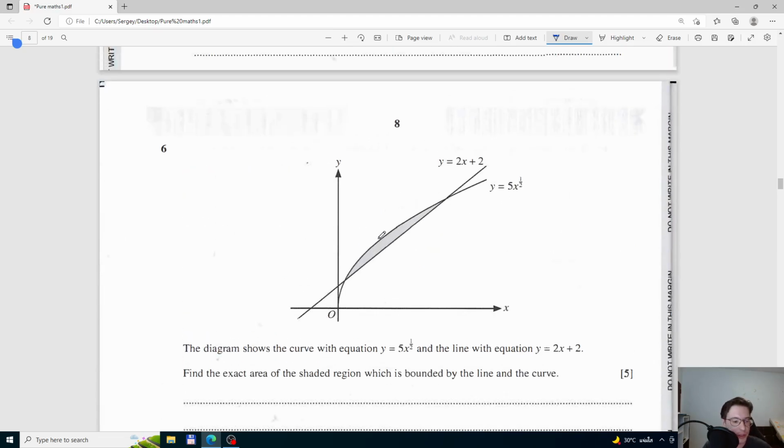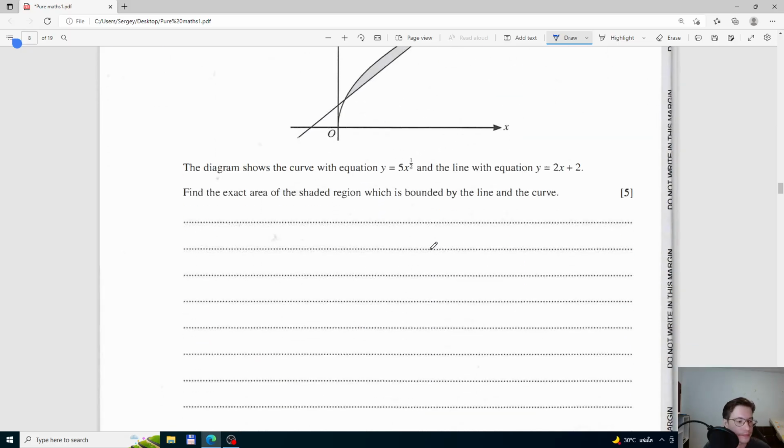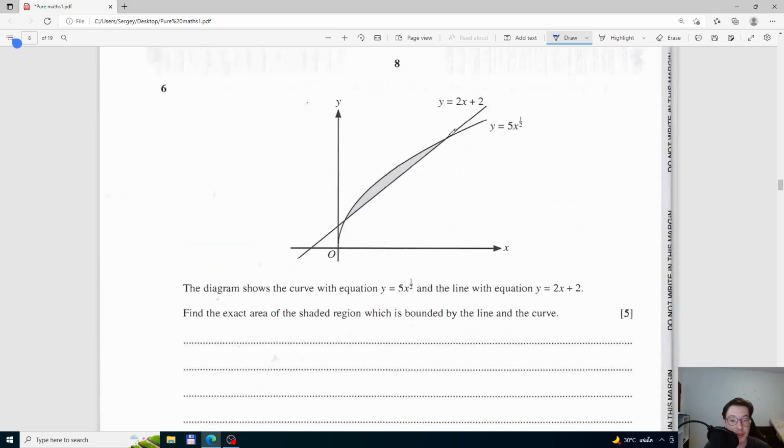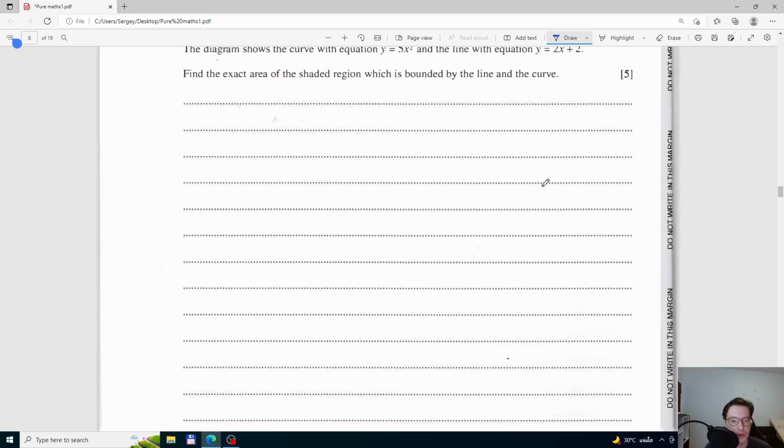Okay, so the question is about the region bounded by the curve and the line. So obviously this question is going to be about integration, and I will have to find the limits of the integration, which is going to be the points of intersection of the curve and the line.